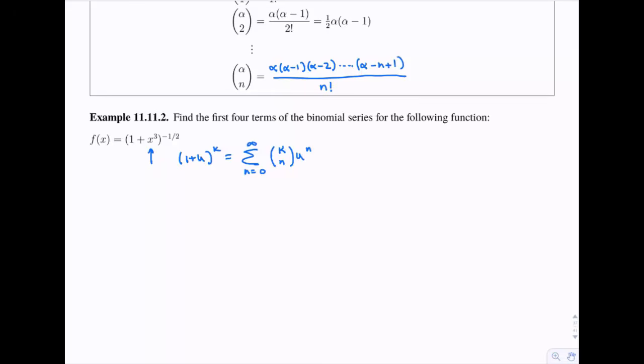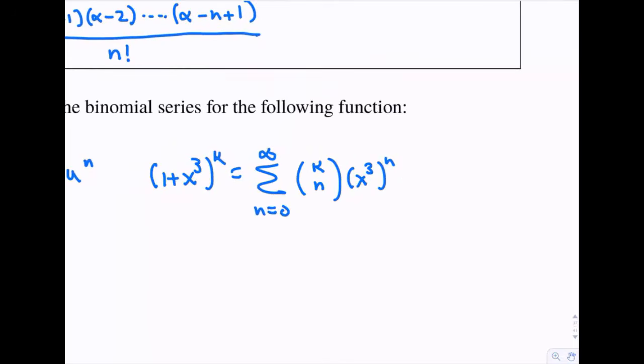I'm going to make these u's, and the idea is that u needs to be equal to x cubed. Therefore, if I wanted the binomial series for 1 plus x cubed to the kth, that's going to be the sum from n equals 0 to infinity of k choose n of x cubed to the nth. Of course we can simplify this down and just make it x to the 3n.